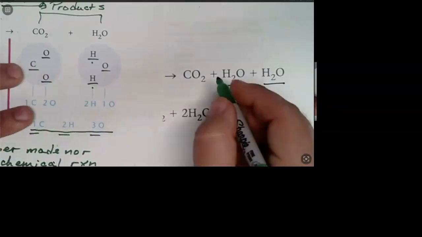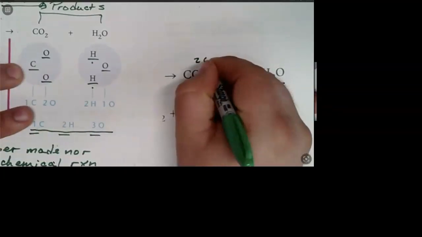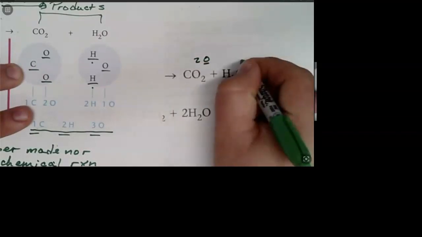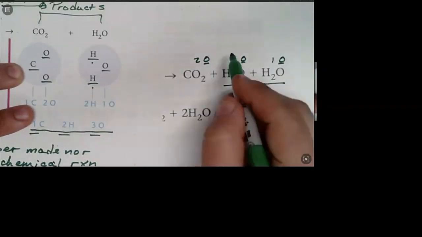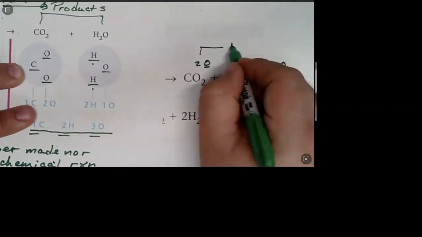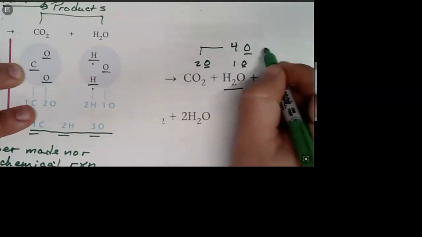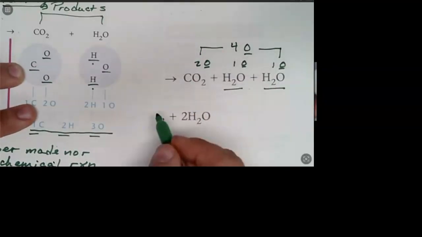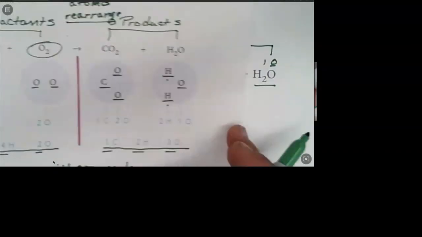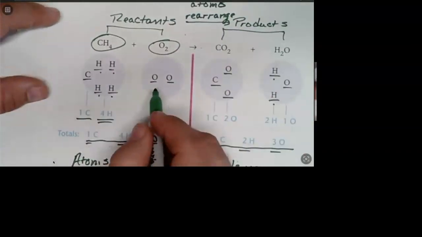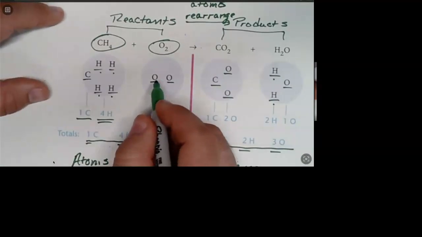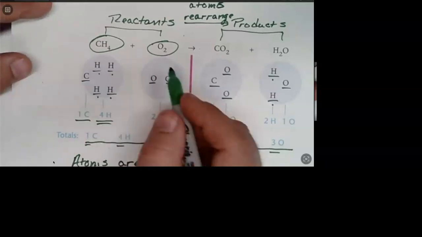Now that gives me, I'm sorry, it gives me 4 oxygens on the product side, which means I started with 4 oxygens on the reactant side. Now, since oxygen only comes in this O2 format, I must have had 2 O2s.